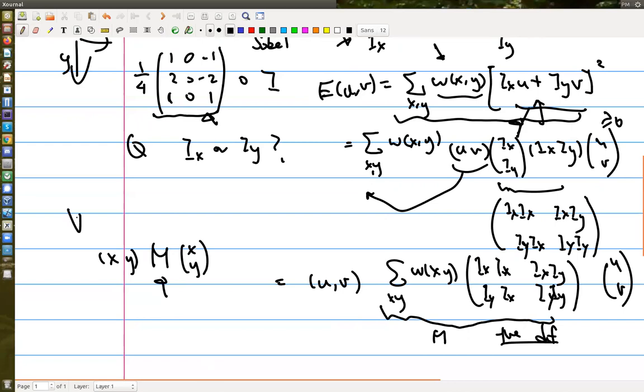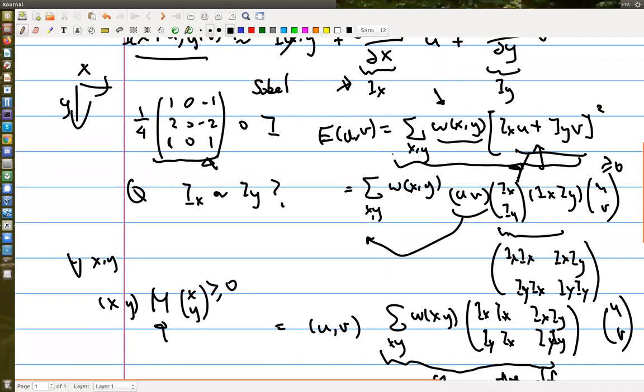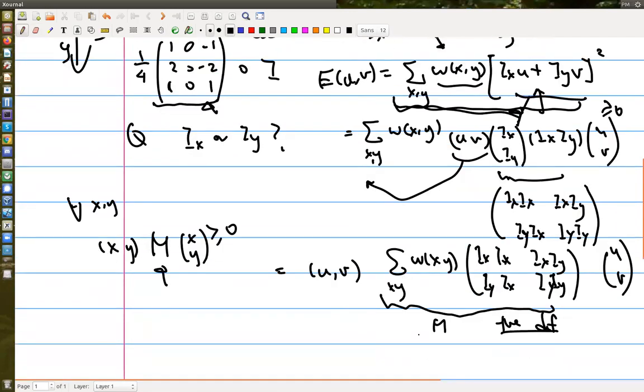If for any x and y this is bigger than or equal to 0, then it's called positive, actually more precisely, positive semi-definite. In this case, because I know from the beginning this value is always bigger than or equal to 0, therefore M is positive definite.